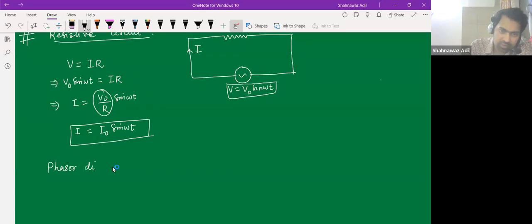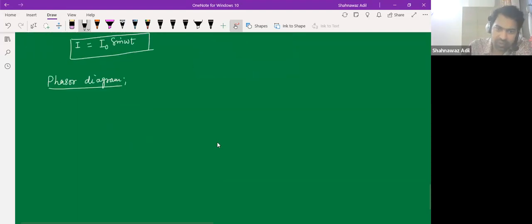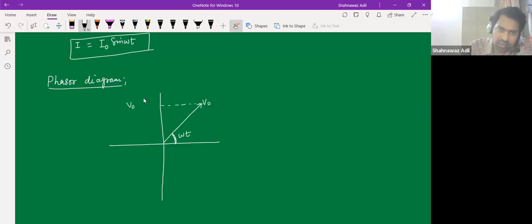Phasor diagram. We have this voltage supply, which is V naught, and this is with the angle or phase omega t. So this is our V naught sine omega t.